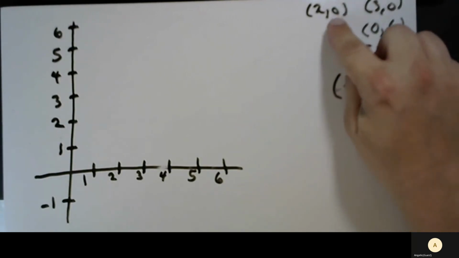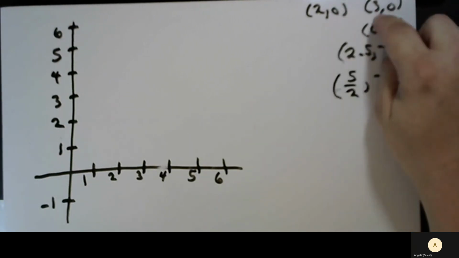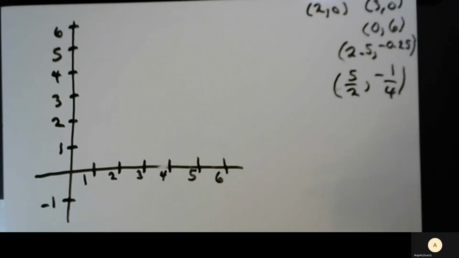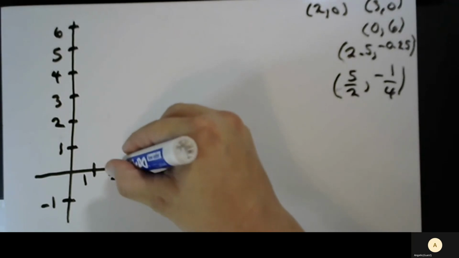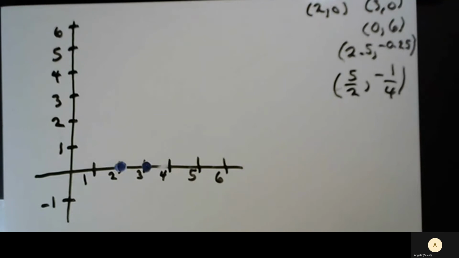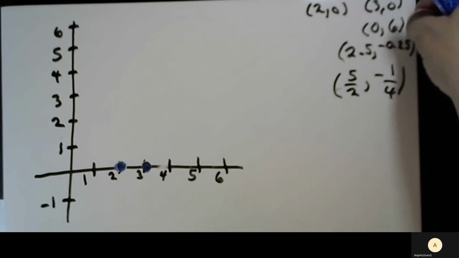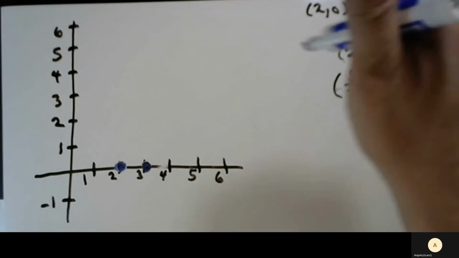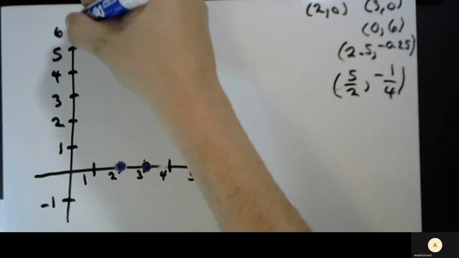Way back when we found the x-intercepts, this is where the parabola crosses the x-axis. So we have 2 and 0 and 3 and 0. Now the y-intercept is 0 and 6, where the parabola crosses the y-axis. So that's going to be way up here.